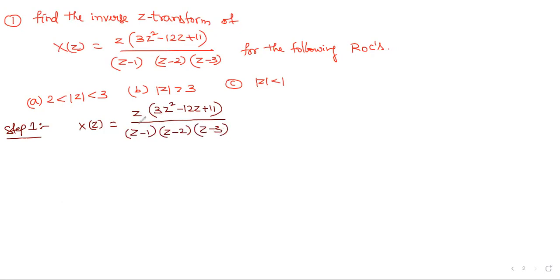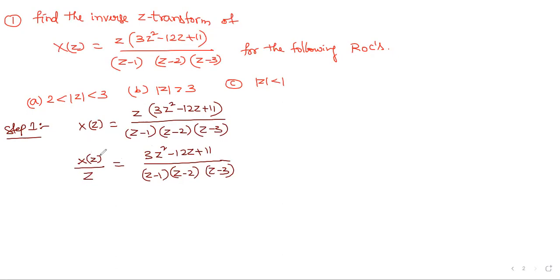Whatever the question they give, please write that down. After that, take the z in the numerator to this side: X of z divided by z is equal to 3z square minus 12z plus 11 divided by z minus 1 into z minus 2 into z minus 3.